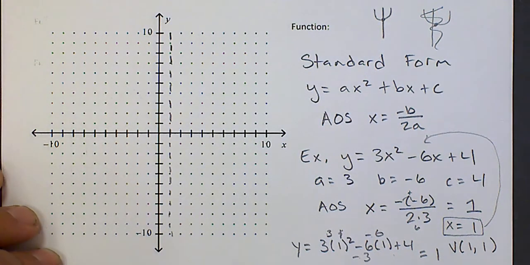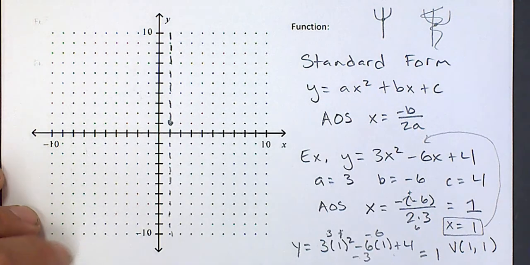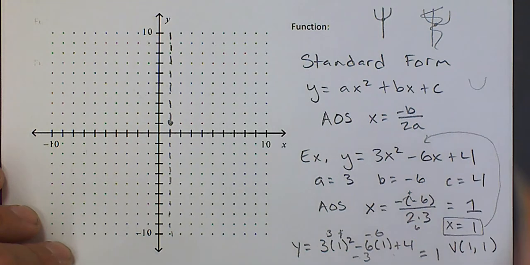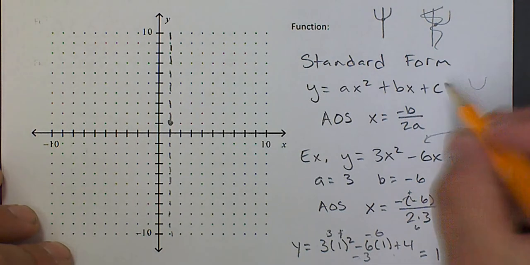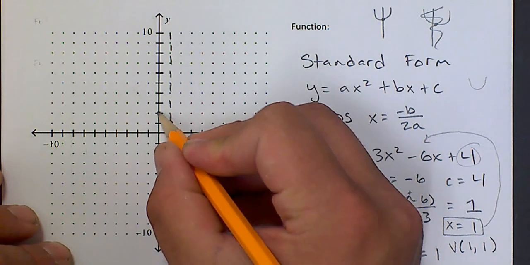Let's plot the vertex, 1, 1. Now looking at the equation, a is positive, so this is an opening up parabola, and if it was negative, it would be opening down. We could take the c value, 4, as the y-intercept, 1, 2, 3, 4, and plot that point.